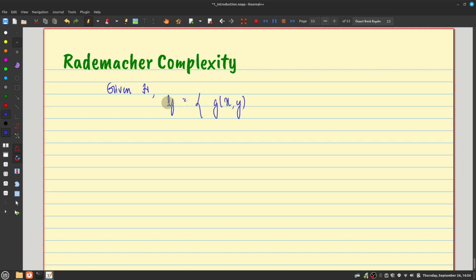This is again a collection of functions, and the function takes two inputs, an element from the domain and a label, and this is just equal to the loss achieved by a particular hypothesis on this particular sample x comma y.